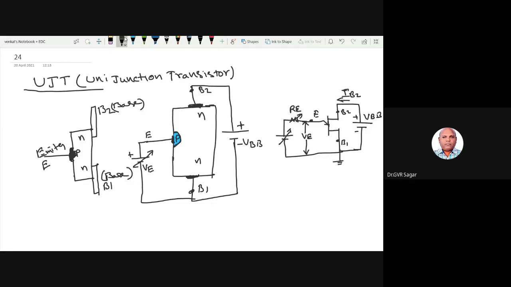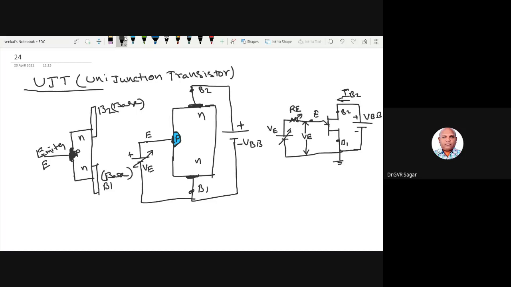In the circuit, we have applied a voltage VBB between base 1 and base 2, and an emitter voltage VE is applied from emitter to base 1, right? So this forms the emitter junction. This is the construction diagram, and this is the circuit diagram.